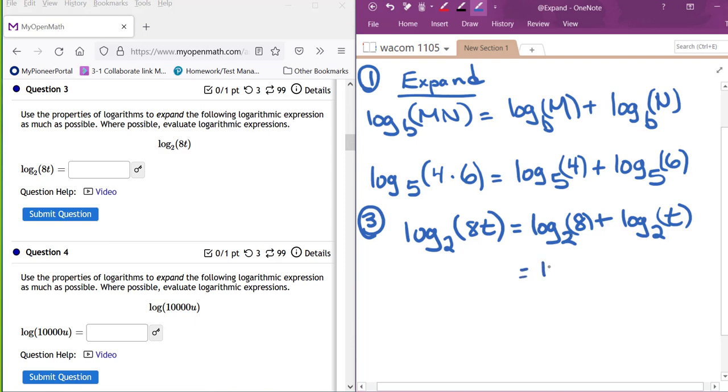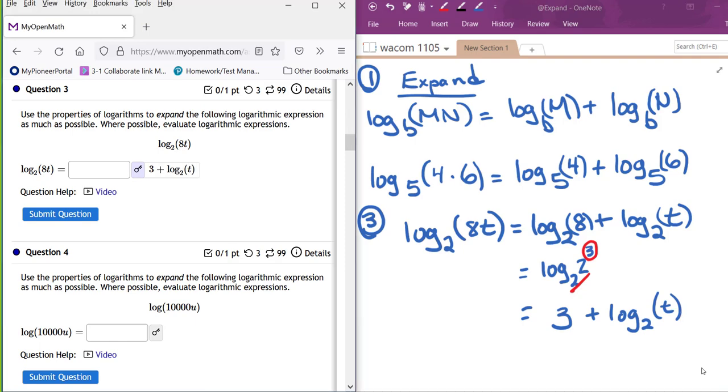So you can rewrite this as 2 to the third, and you just play on your calculator till you get it, if it will. And so this simplifies to 3. These are the same. The answer is the exponent. This one, there's nothing you can do, so you're going to just leave that. It's log base 2 of t. Stop me if you have any questions, okay?